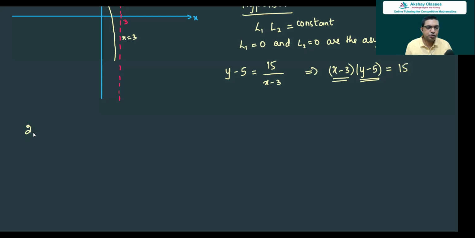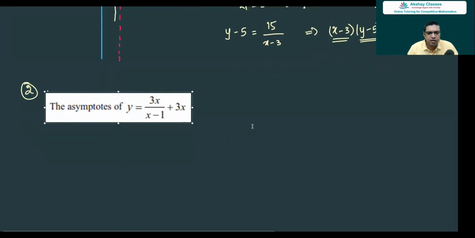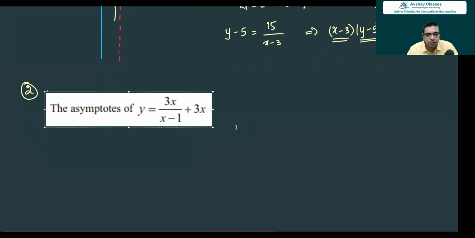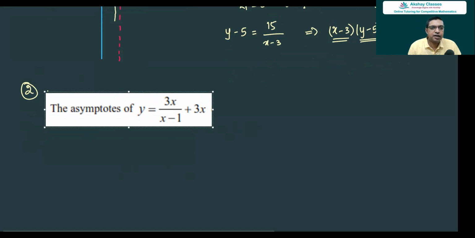Next, let us look at this one. So example 2. So find the asymptotes of this curve. Very clearly, you can tell one asymptote what it is just by observation. x minus x is equal to 1. x equal to 1.